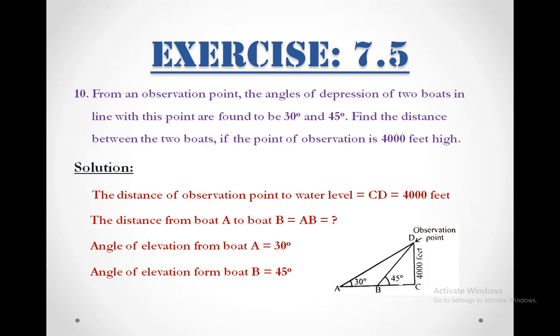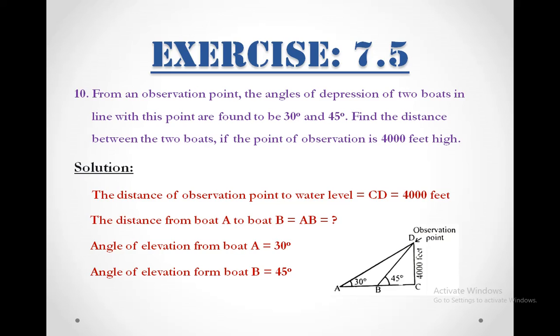You can see the diagram that is showing the position of two boats as boat A and boat B. The total height as given in the question is represented by CD, that is 4,000 feet. Angle formed at point A is 30 degrees, whereas at point B it is 45 degrees.